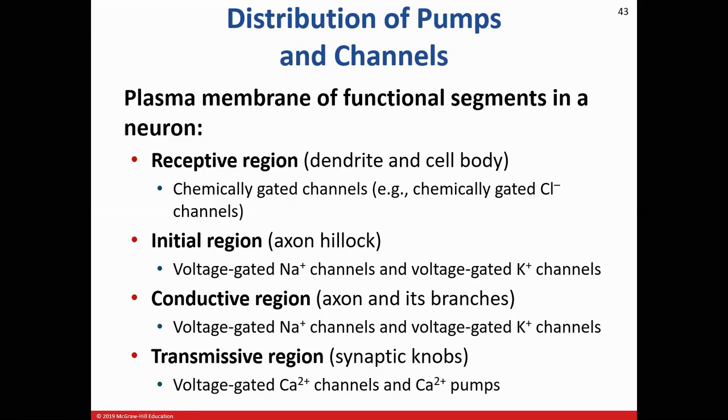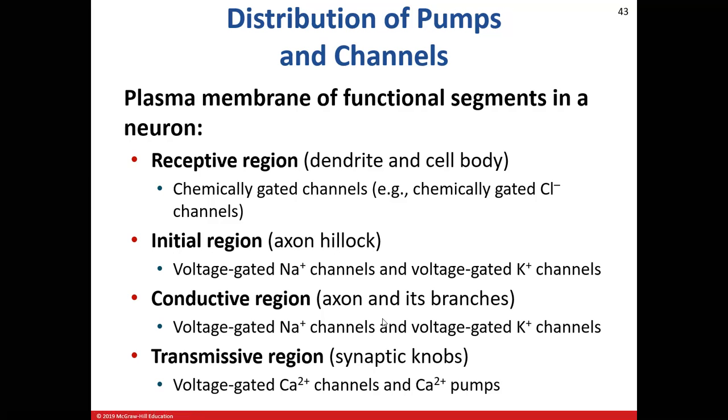And this initial region is the area of the cell that actually initiates the action potential after all of our graded potentials have arrived around our dendrites and our cell body. It's at the initial region that we have our voltage-gated sodium channels and our voltage-gated potassium channels. The conductive region is the axon and its branches, and these also contain sodium voltage-gated channels and potassium voltage-gated channels.